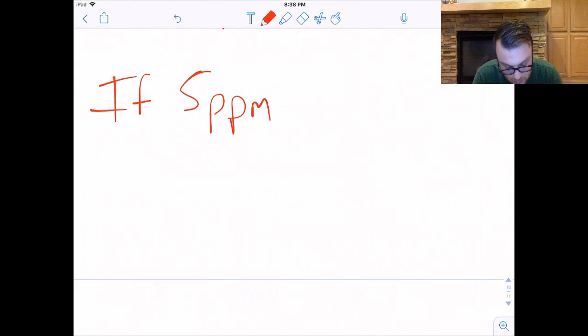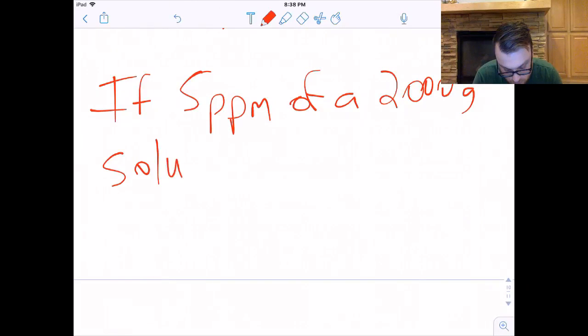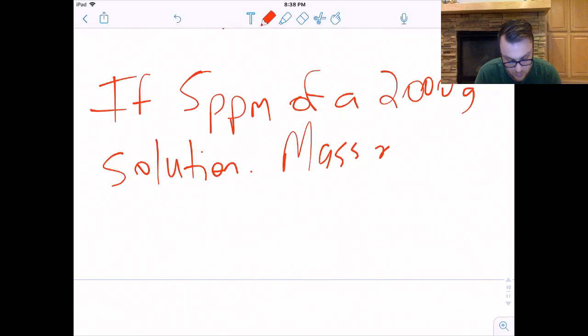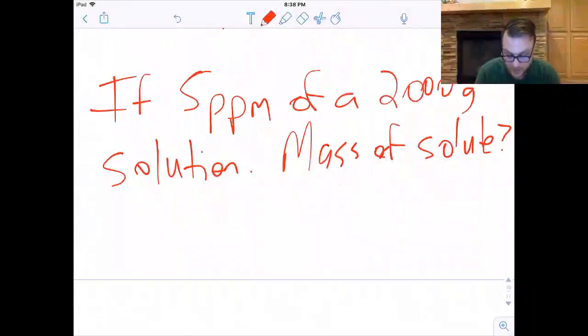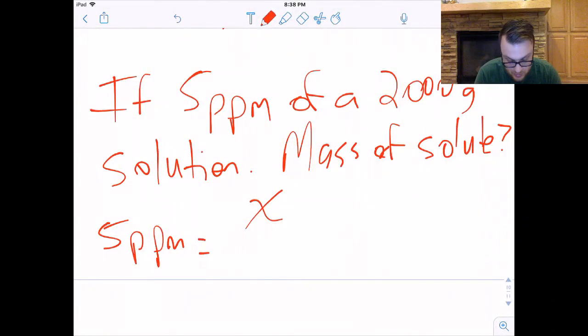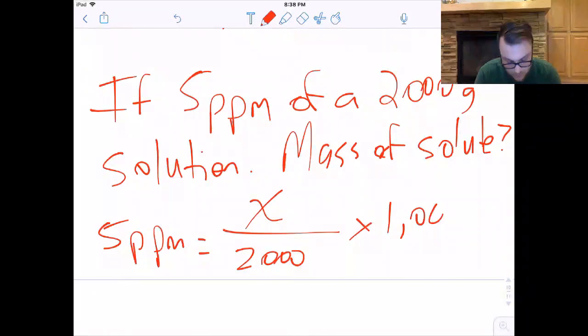Mass of solute, well, set that up. 5 parts per million is equal to some mass of solute divided by 2,000 times 1,000,000. Don't forget the times 1,000,000. Right here, I can multiply both sides by 2,000. Cancel those out. Multiply this by 2,000.